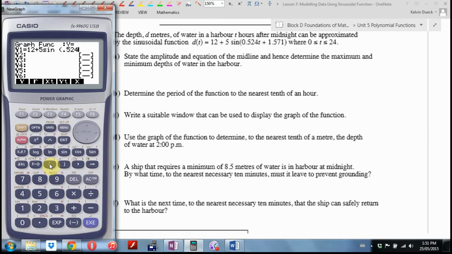What am I going to use instead of a T? X plus 1.571, close bracket. And then execute to store it.